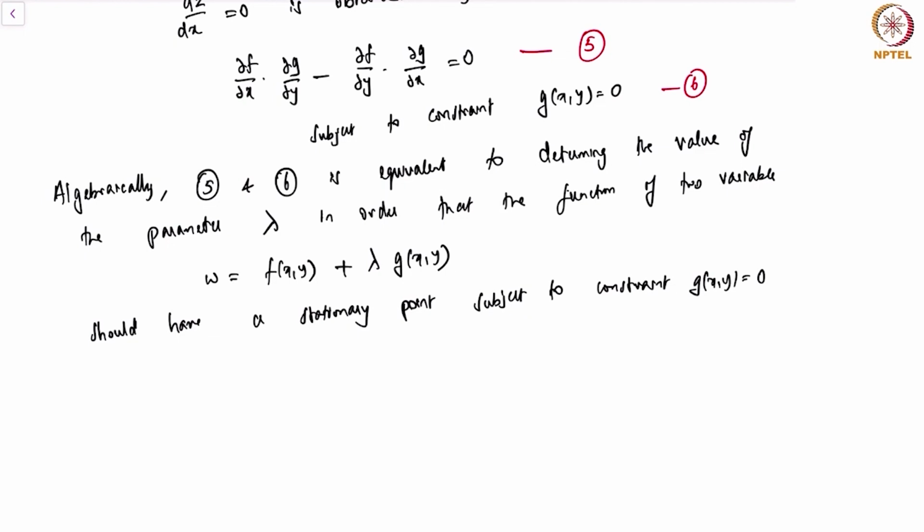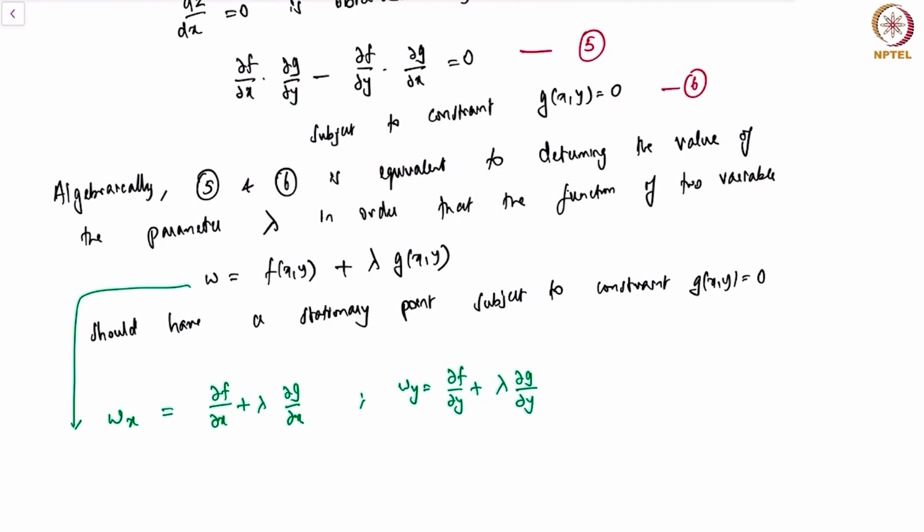If you take the derivative of W with respect to x, it is nothing but del f by del x plus lambda del g by del x. And similarly, W_y, the derivative of W with respect to y, is del f by del y plus lambda del g by del y.